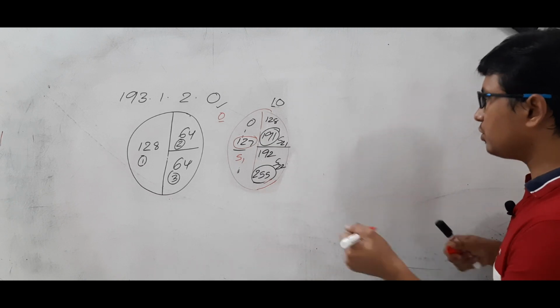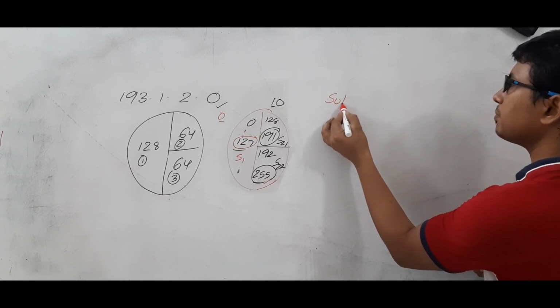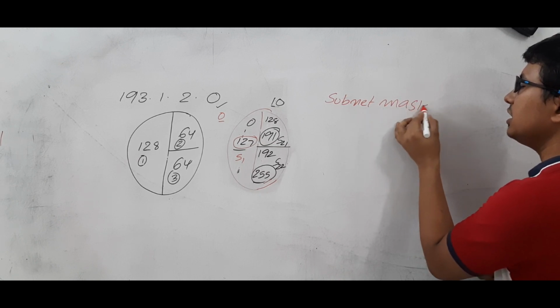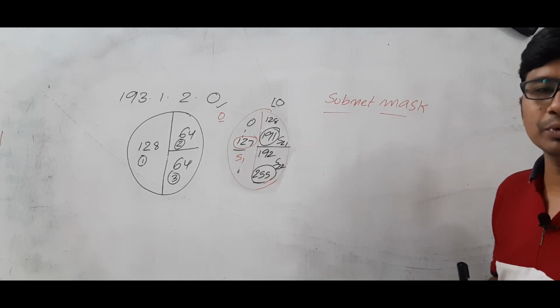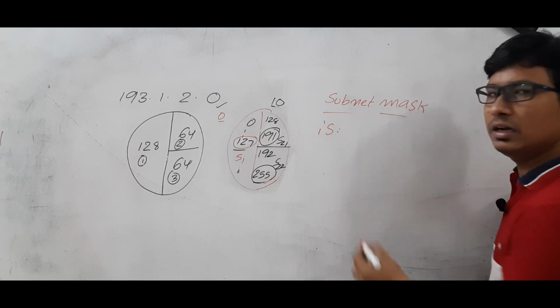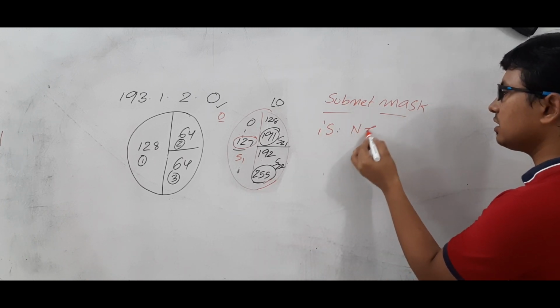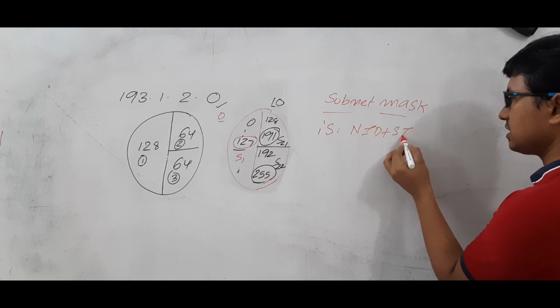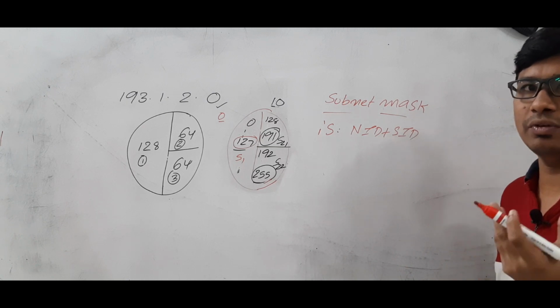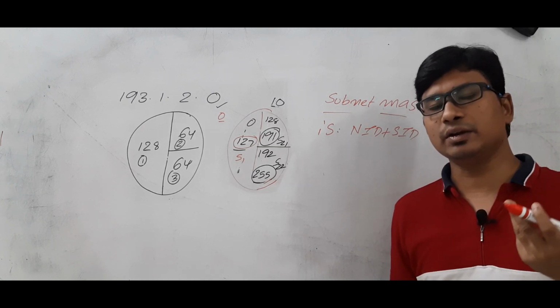As you already know how to compute the subnet mask, those who have watched my earlier videos can easily tell. You have to keep the ones in the network ID and the subnet ID parts. Am I right or wrong? If you take any IP address, we will have the network ID and host ID.